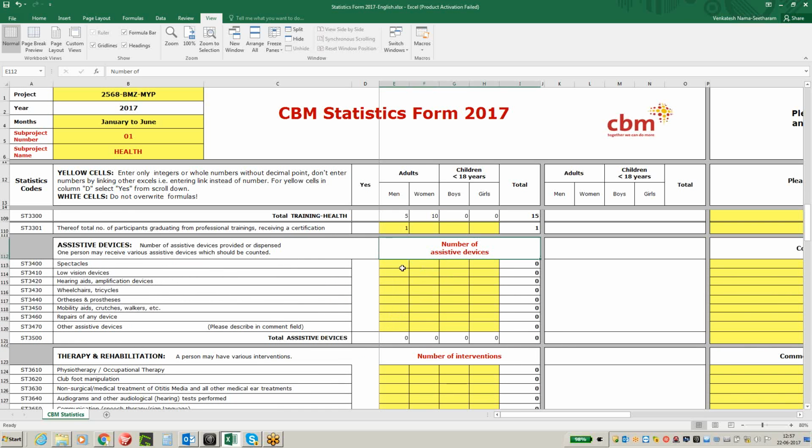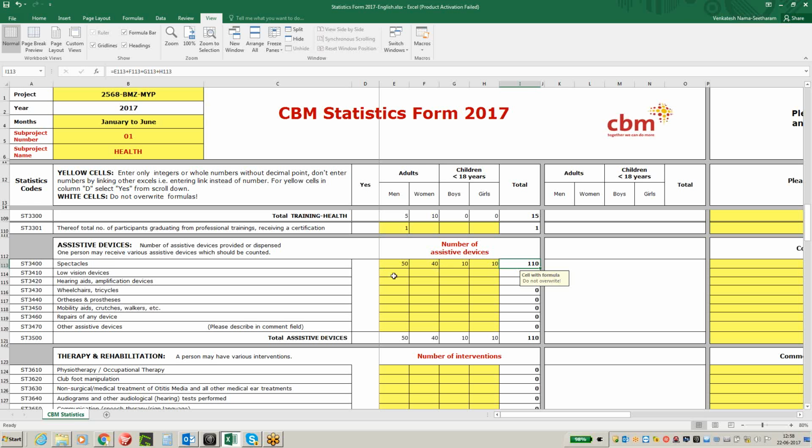The next section is called assistive devices. Here, the number of assistive devices is counted, and not persons or interventions. For example, if a project has dispensed 100 spectacles, say 50 have gone to men, 40 to women, 10 to boys and 10 to girls, it is the number of spectacles dispensed by the project that is counted.